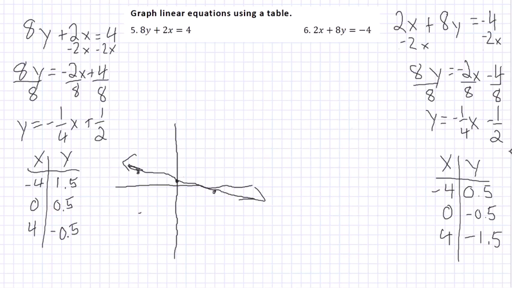So when you compare their values, all the ones on the right are one value less than the ones on the left. 1.5 is 0.5, 0.5 becomes -0.5, -0.5 is at -1.5. So let's go ahead and graph it.